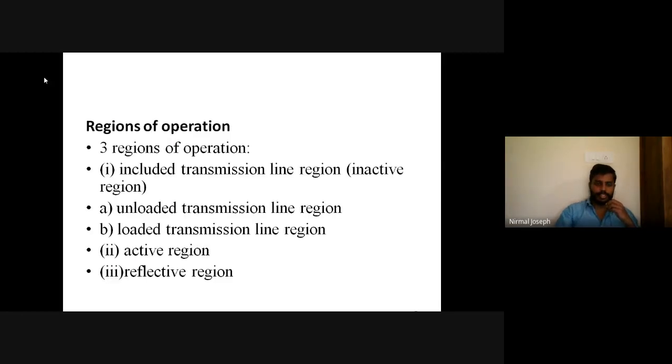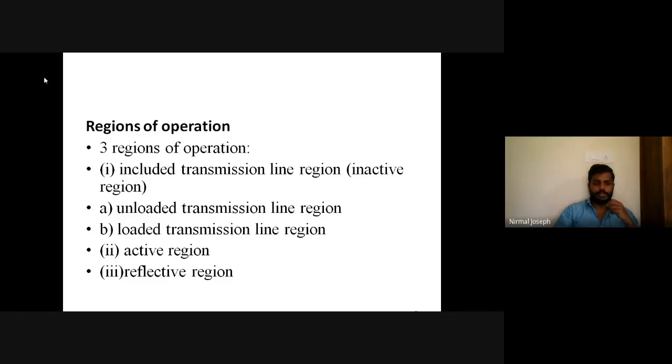It has 3 regions of operation. Those 3 regions are the inactive region, the active region, and the reflective region. The inactive region is also called the transmission line region. In that, 2 further classifications are there: unloaded transmission line region and loaded transmission line region.